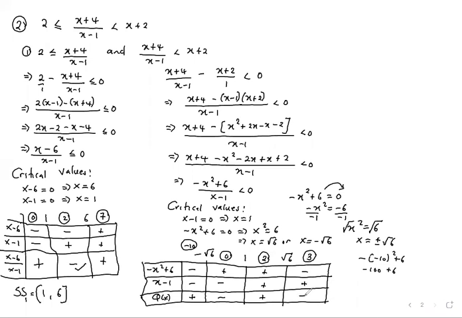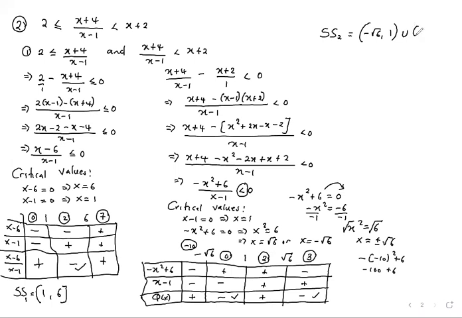At 3, this will be negative, positive, negative. So our solution set 2 is going to be where it is less than 0. When it is less than 0, you go for the negatives. That is negative root 6, comma 1, not including anything because you strictly have less than.